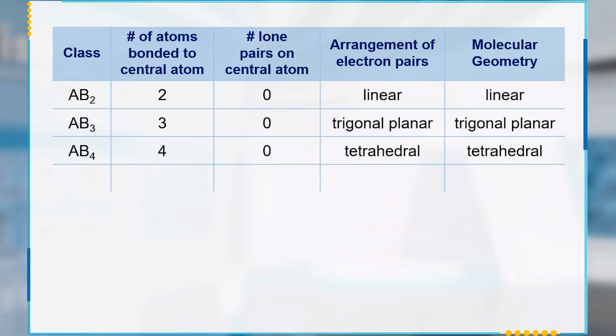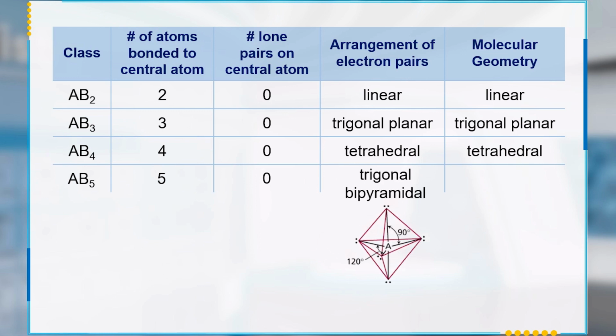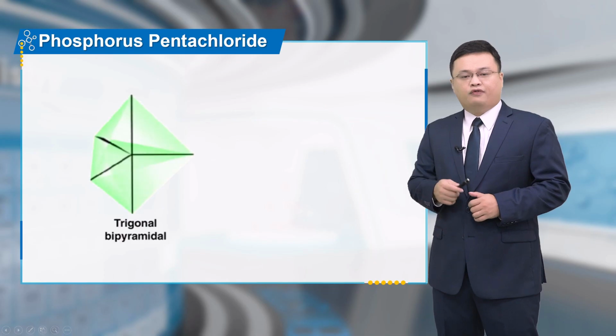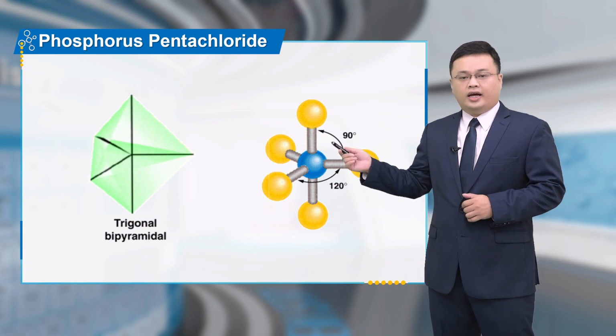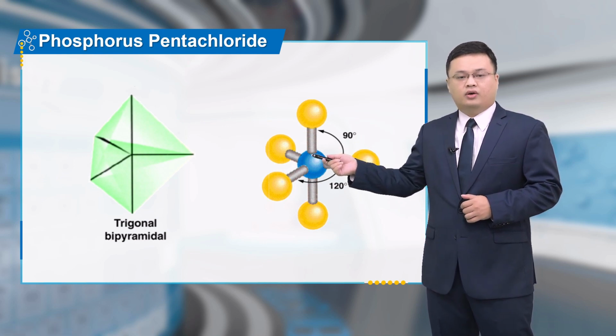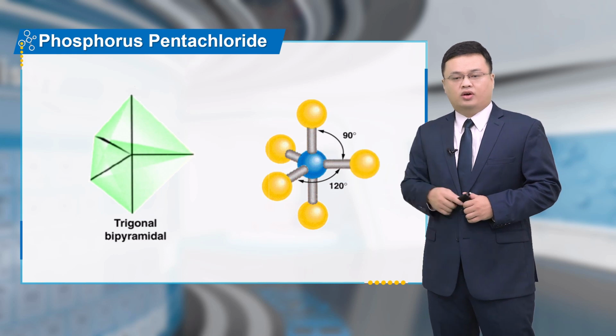Next, for AB5 molecules, there are five atoms bonded to the central atom, but zero lone electron pairs on the central atom. In this regard, both the arrangement of the electron pairs and the molecule geometry are trigonal bipyramidal. Take phosphorus pentachloride, for example. There are no lone electron pairs on phosphorus, but only five single bonds with each chloride.